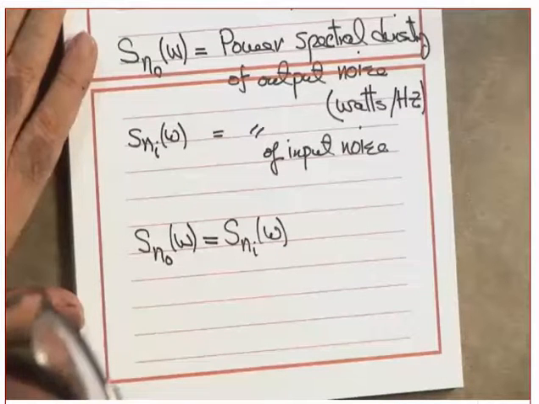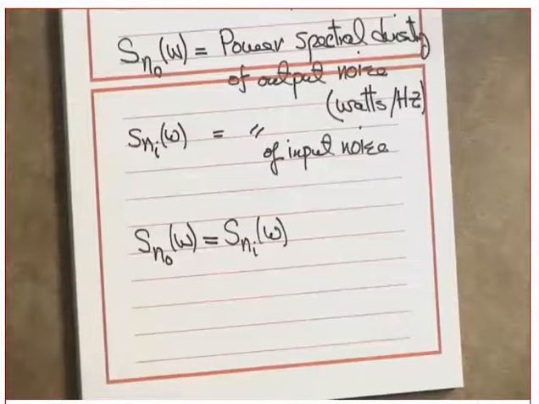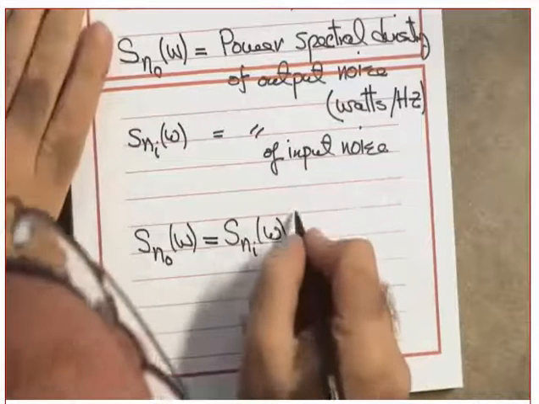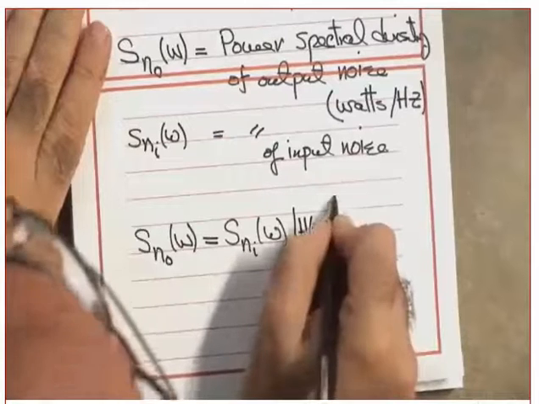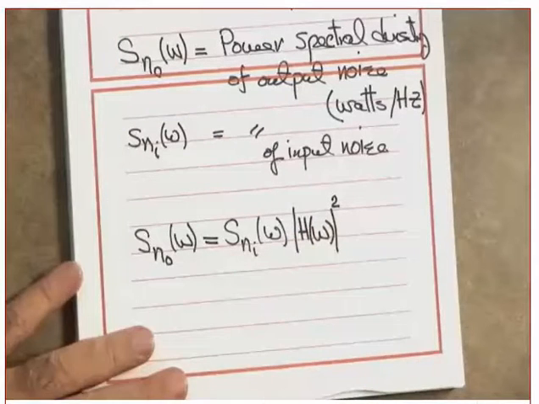At the beginning you did not say the absolute value. That's why I hesitated. I froze. The absolute value of H of omega squared. Did you get it or not?